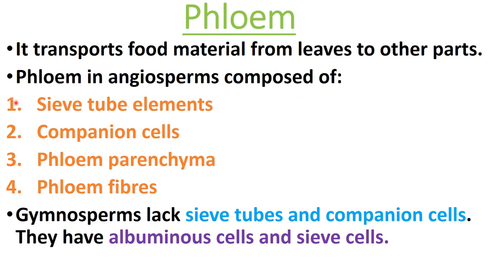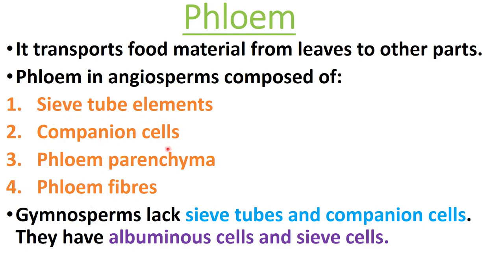Like xylem, these 4 elements are found in phloem also, because this is also a complex permanent tissue. These are sieve tube elements, companion cells, phloem parenchyma and phloem fibers. Now in gymnosperms, sieve tube elements and companion cells are absent.